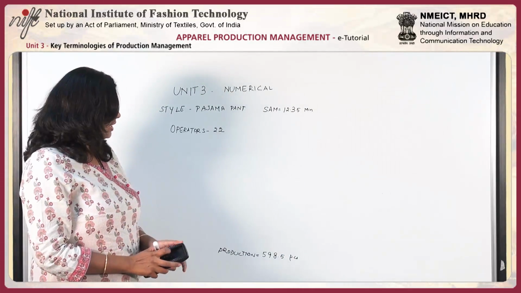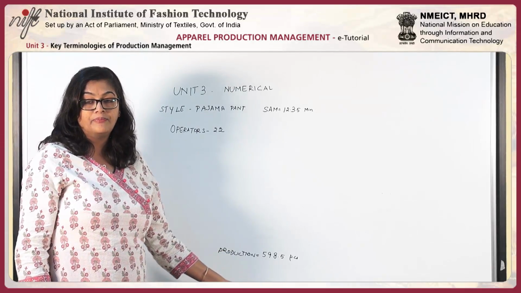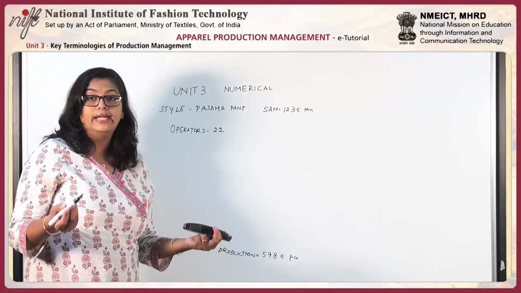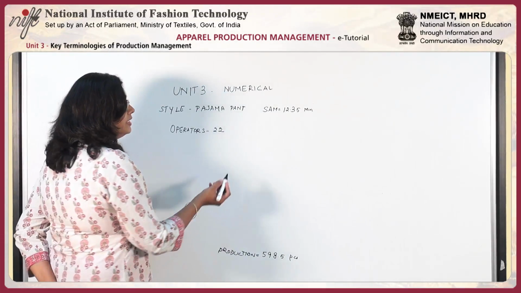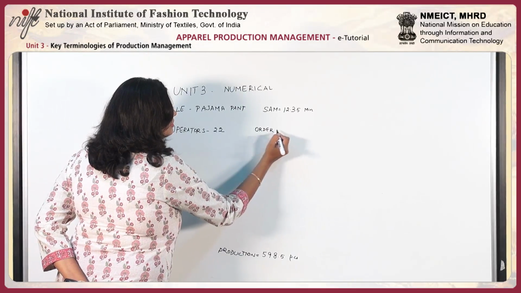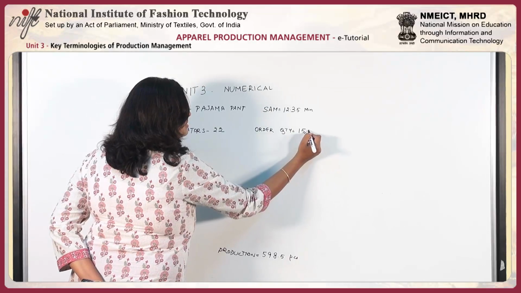Now that we have calculated that per day production needs to be 598 pieces, let us understand how long it will take to complete the total order quantity of 15,000 pieces.